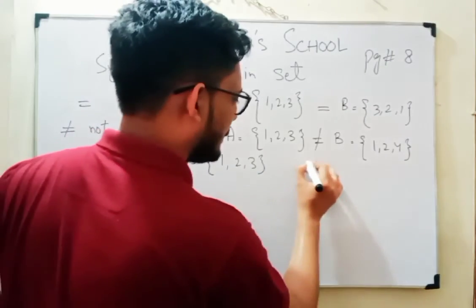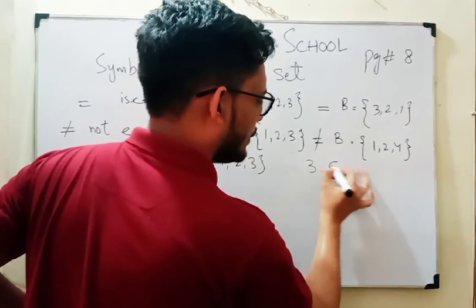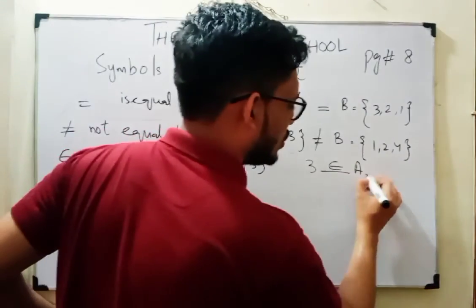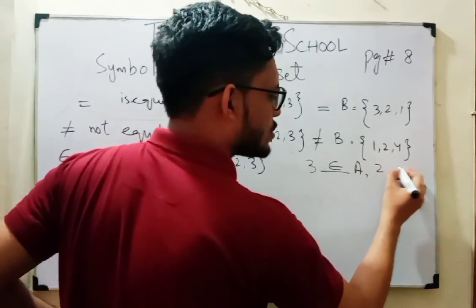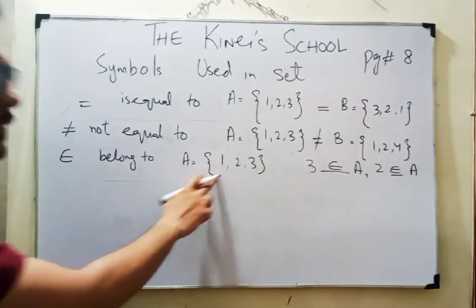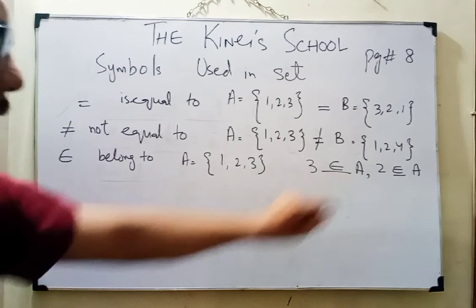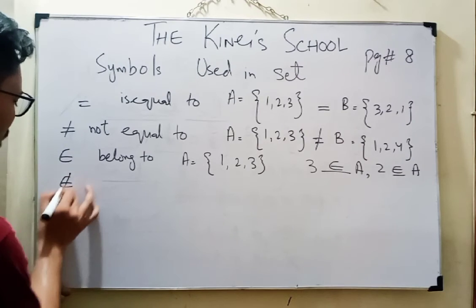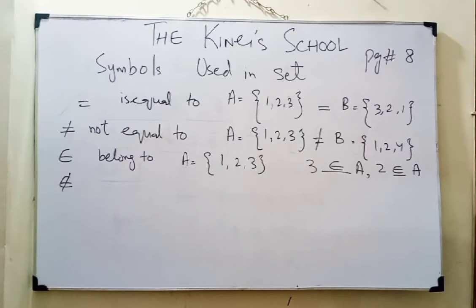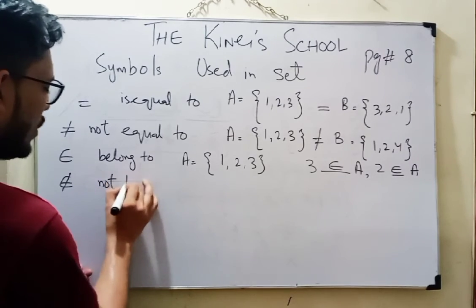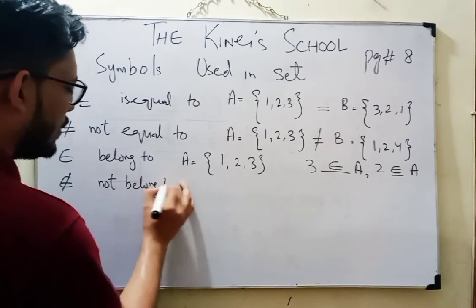So 3 belongs to set A, 2 belongs to set A, 1 belongs to set A. And the fourth symbol is not belongs to.